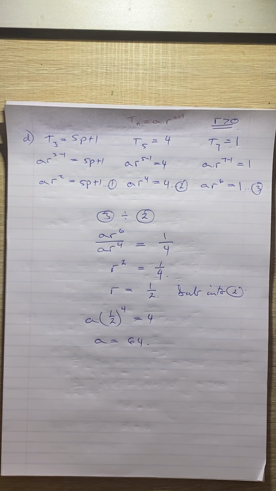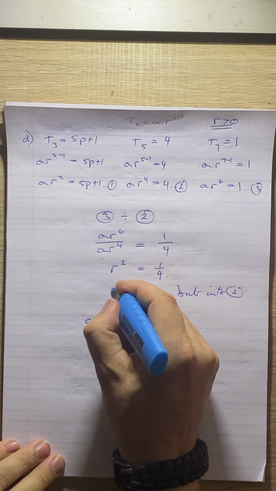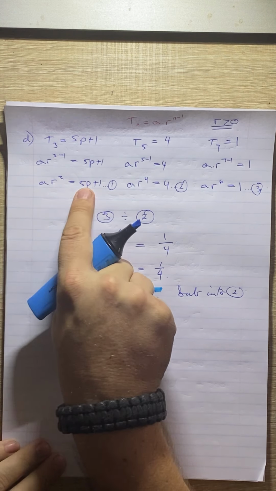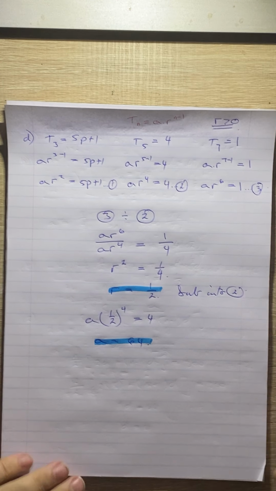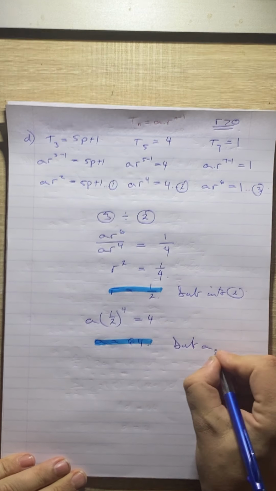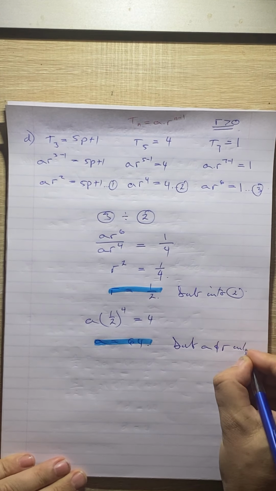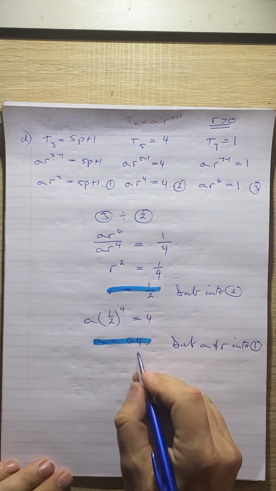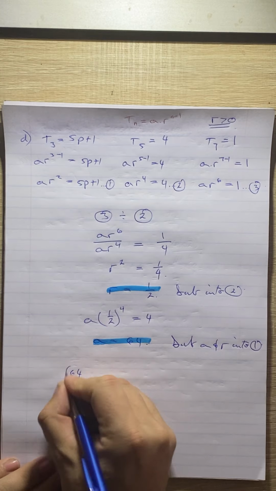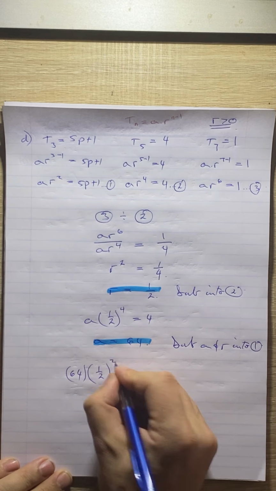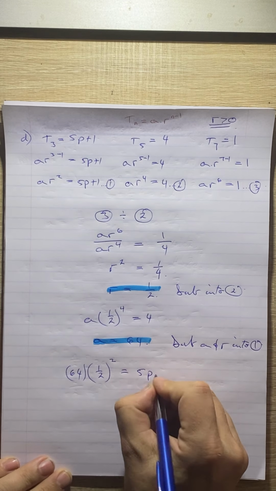Okay, so now that I have both our A and our R, here's our R, here's our A, I can now plug it into 1, and then we can find out what p is. So sub both A and R into equation 1. Our A is 64, our R is a half, squared equals 5p plus 1.